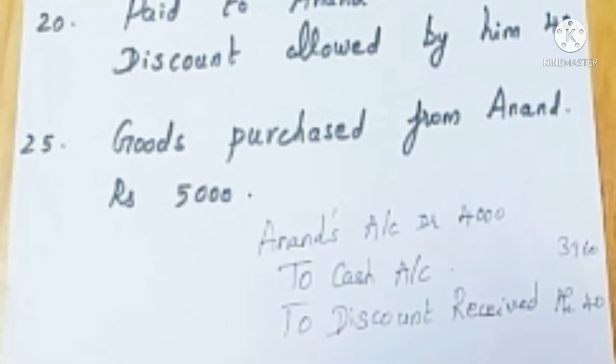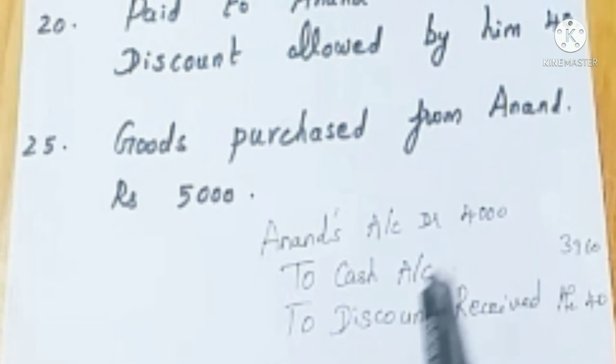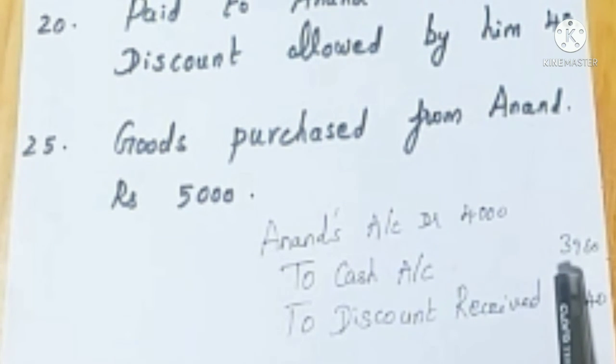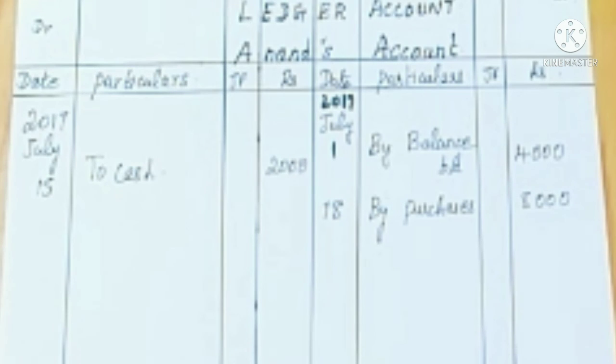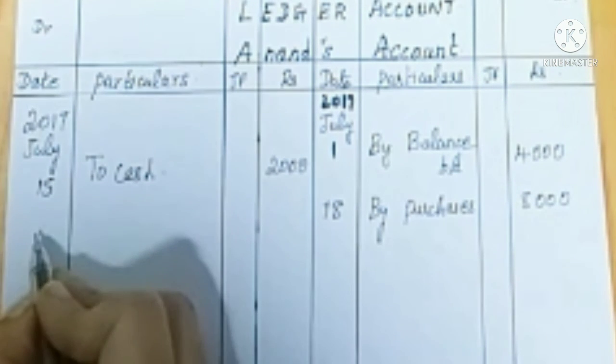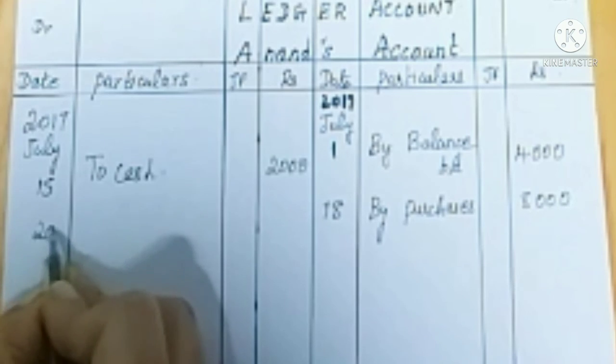So now I am going to write it on the debit side of Anand's ledger account: to cash rupees 3,960, to discount received rupees 40. Date of the transaction is 20th July.